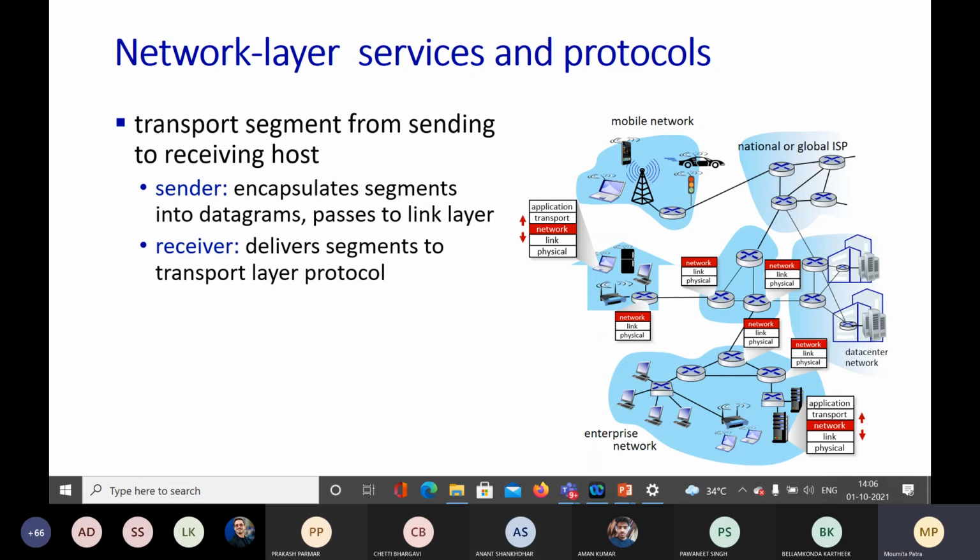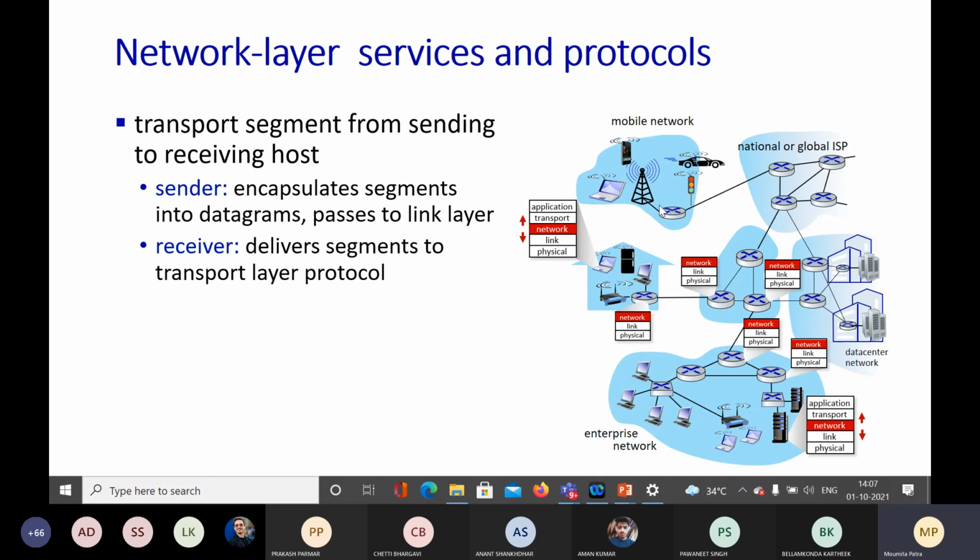Now, when we are talking about network layer functionalities, we are not concerned only about transfer of data or the protocols from one host to another host. We are not going to look at only the edge systems. We are also going to look at what's going on inside the network, right?